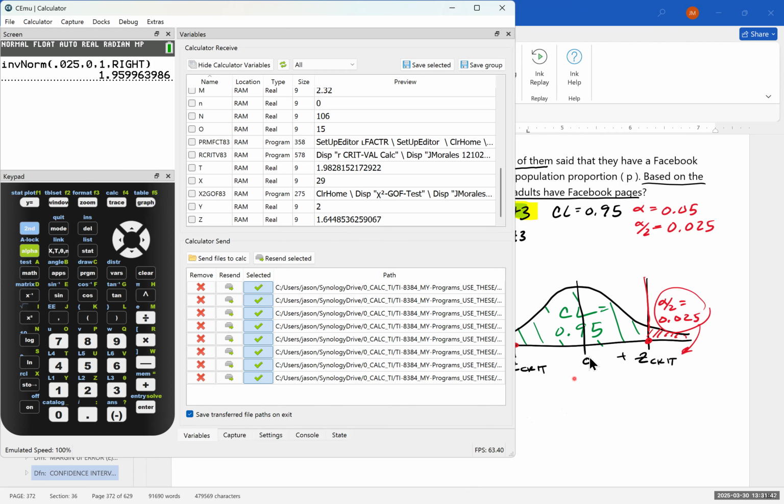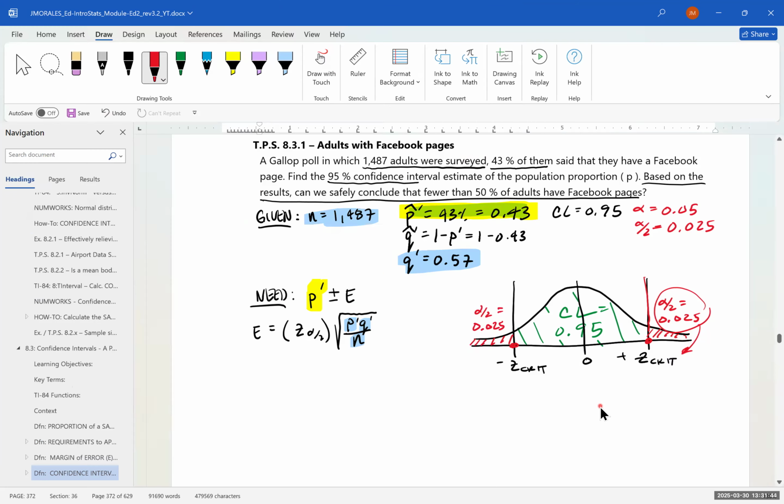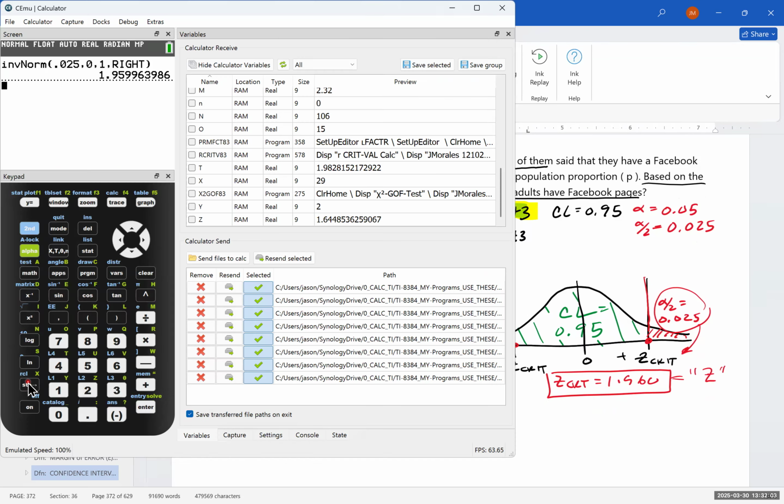So we get 1.96. All right, but I'm going to want to store that. I'll store that into the letter capital Z. So I'm going to put store capital Z.